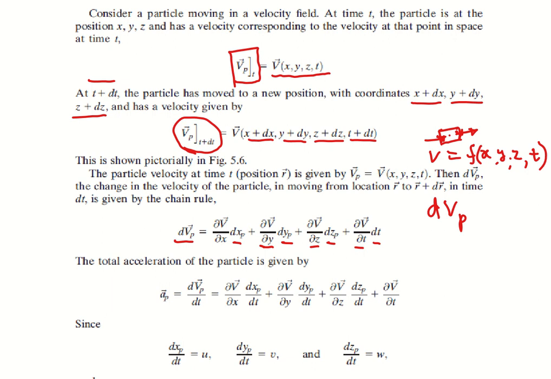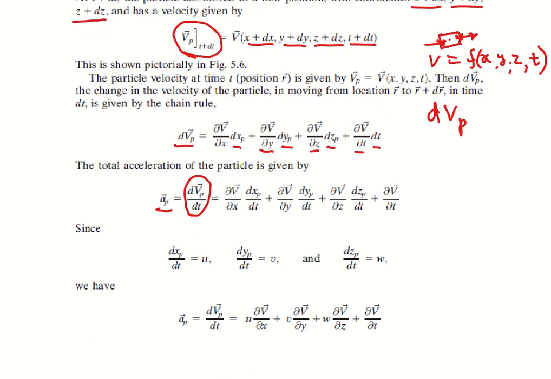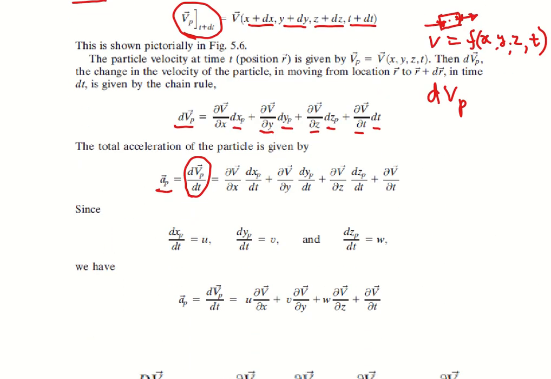So total acceleration of the particle, which may be written as a_p, so dv_p over dt. By definition, this is acceleration, and here this is called total acceleration or material acceleration, or material derivative.